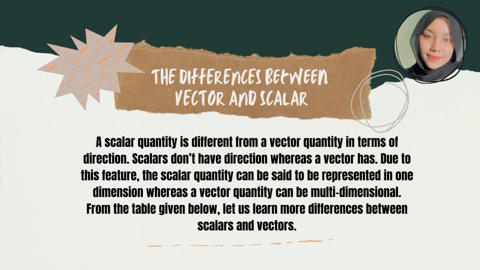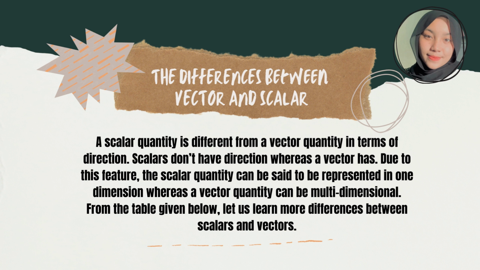How about the difference between vector and scalar? Let me explain to you. A scalar quantity is different from a vector quantity in terms of direction. Scalars don't have direction, whereas a vector has.